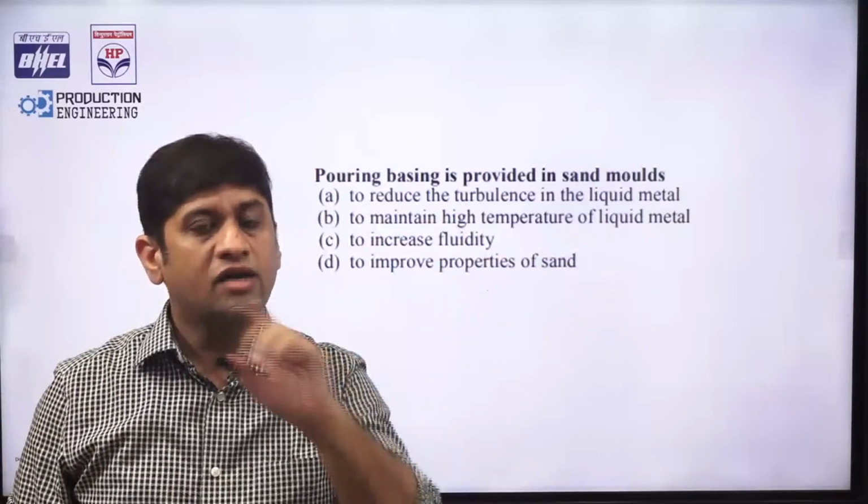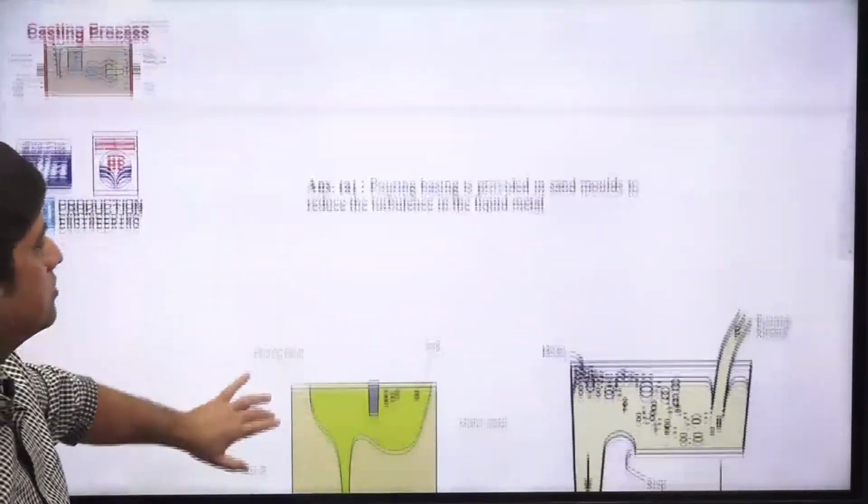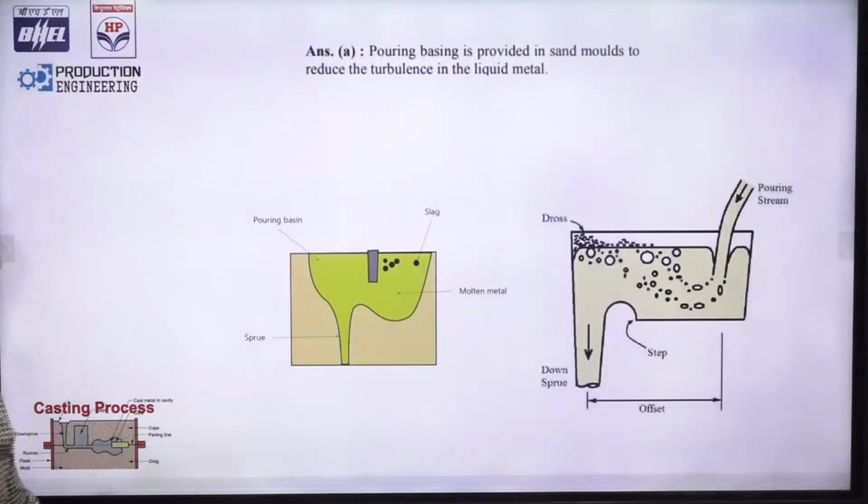Second, slag separation. Third, turbulence can be controlled. Slag separation can be done, constant head can be maintained, and turbulence of the molten metal can also be avoided.